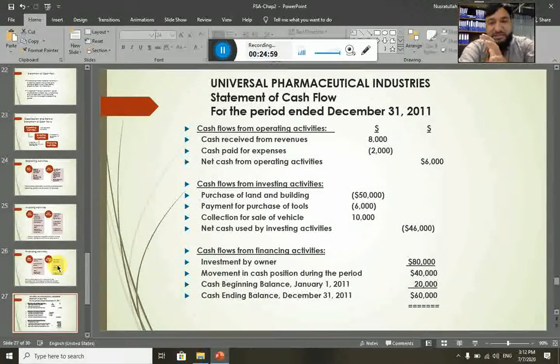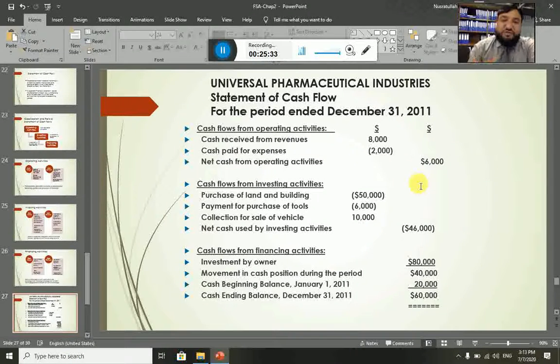Here you can see that outflow is always shown in brackets or as a negative figure, and net cash flow is inflow plus outflow. So the net effect is 6,000: 8,000 minus 2,000 becomes 6,000. So $6,000 is the net cash flow from operating activities, which means that in operating activities we had more inflow than outflow.